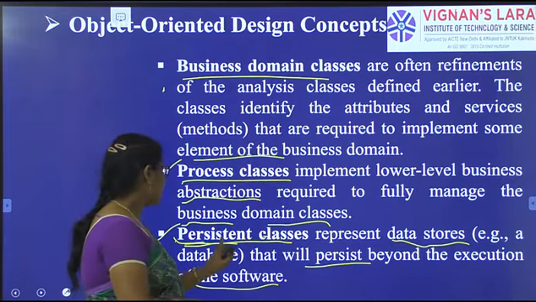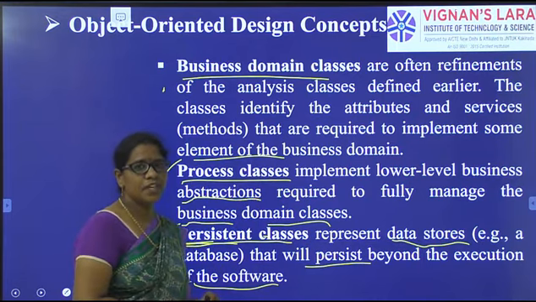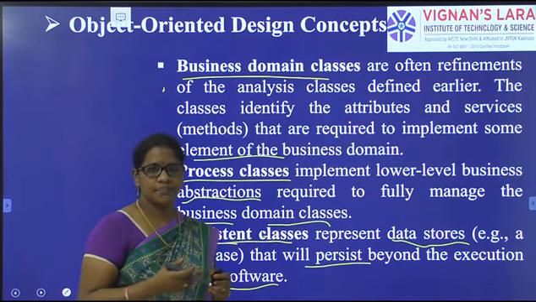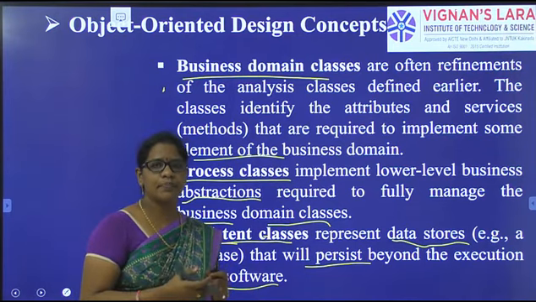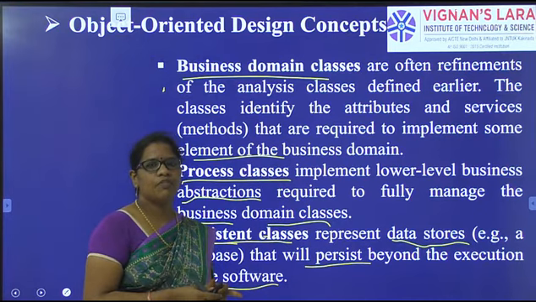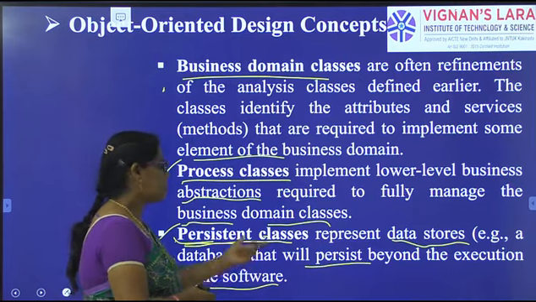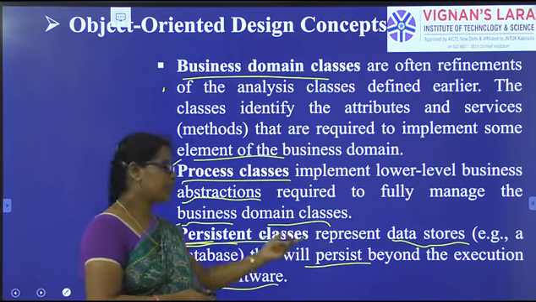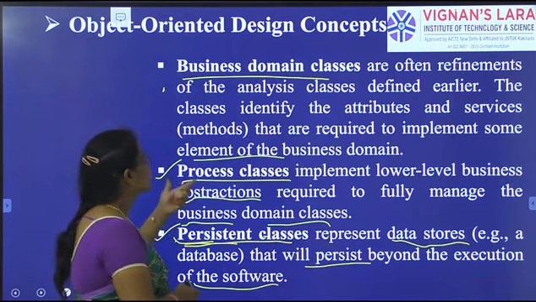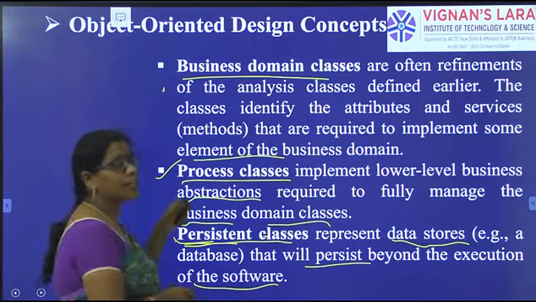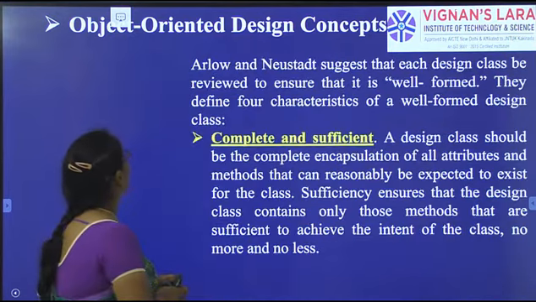And fifth, persistent classes. These are the different classes used to represent the system and the design process. Persistent classes represent the data storing of the database. These are the different types of classes we use in object-oriented design concepts.